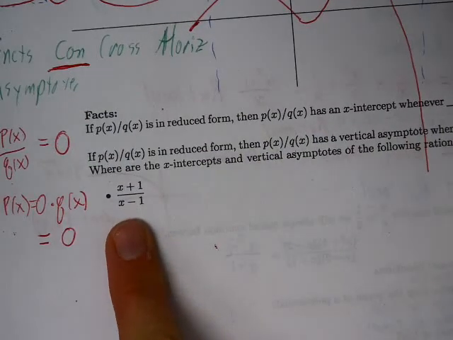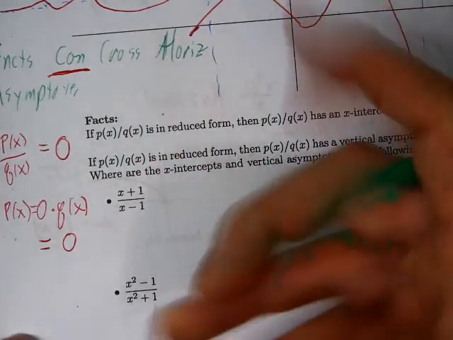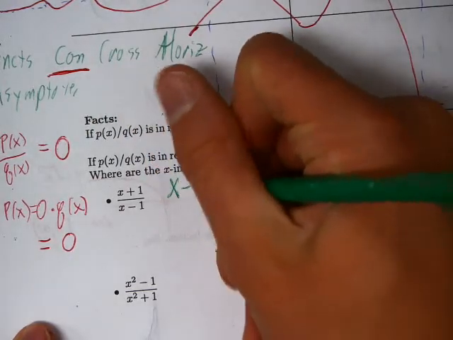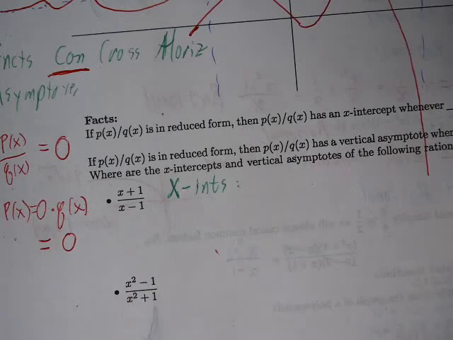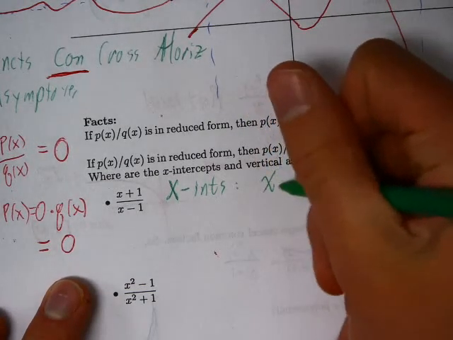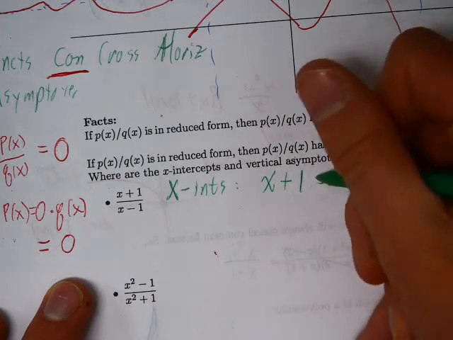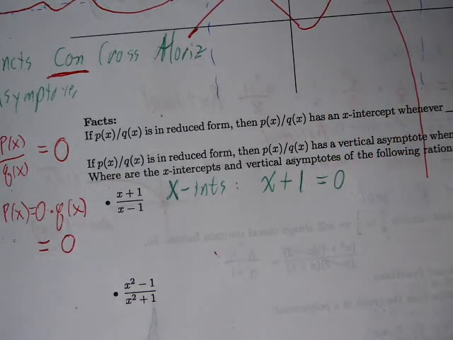Let's put this into practice. Let's find the x-intercepts and vertical asymptotes of x plus 1 divided by x minus 1. First let's find x-intercepts. To find x-intercepts, I should set the numerator equal to 0. There's the numerator, set it equal to 0. What are the solutions to that?